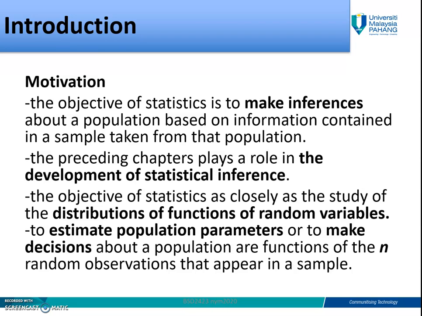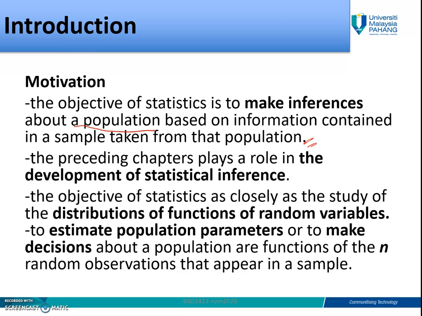The objective of statistic is to make inference about a population, based on information contained in a sample taken from that population. So the objective is similar with previous topic, which is applied statistic. We want to make inference about population, but we use sample to do that.